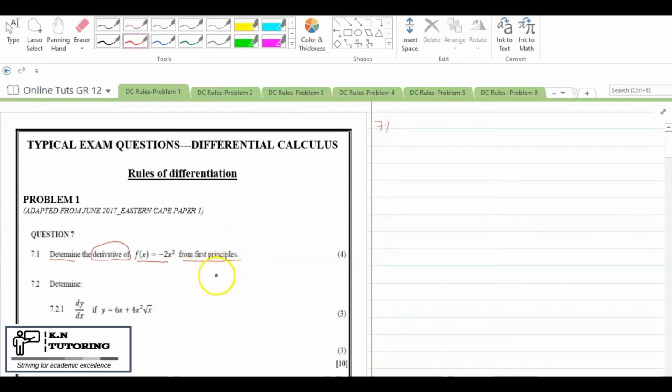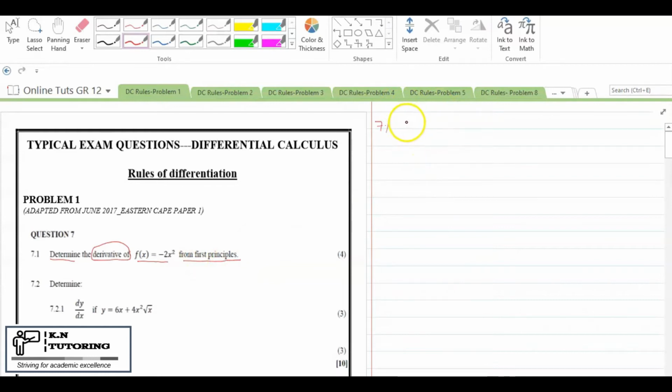I believe by now you know that we can find the derivative, also known as the gradient function of a tangent line to a curve at a certain point, using either first principles or rules of differentiation. Now, for this question 7.1, they restrict us from using other rules. We are asked to specifically use first principles.